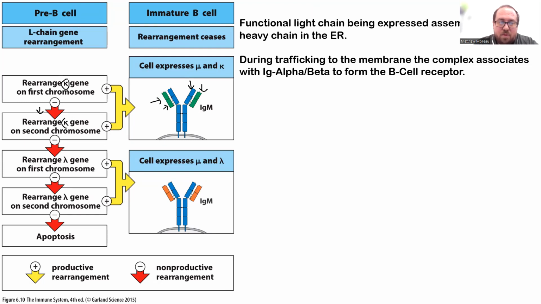If both kappa chromosome loci fail, you get successive expression from the lambda, and lambda expresses from the first chromosome. Again, successive recombination events. If it fails, you get successive recombination events in the second lambda.